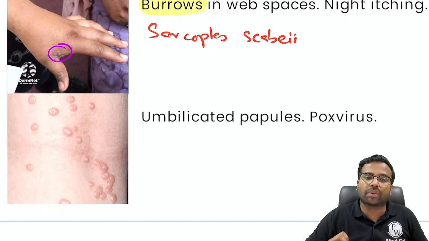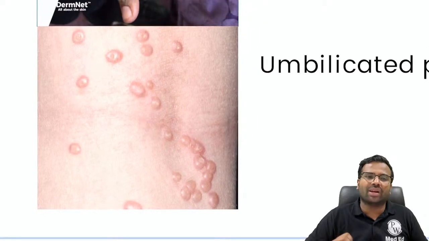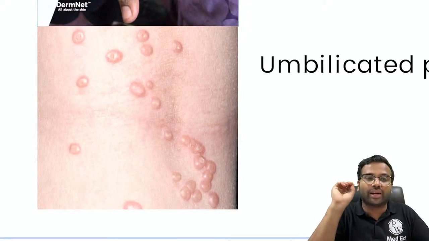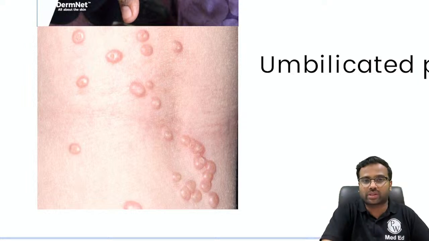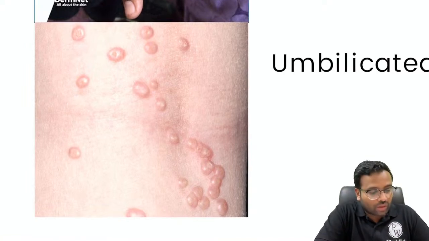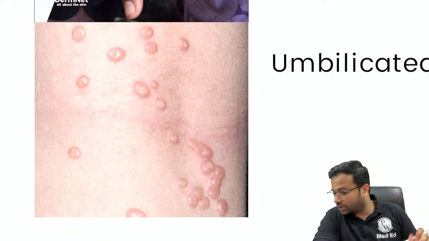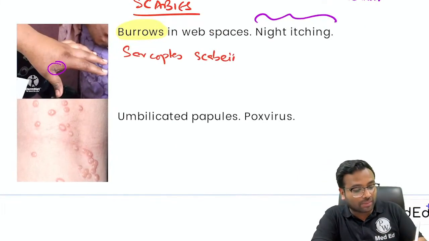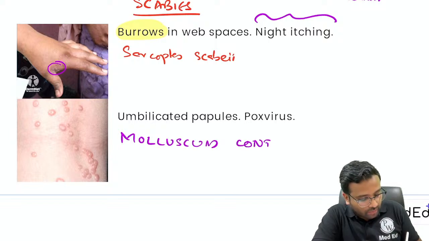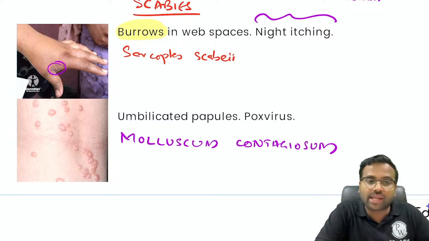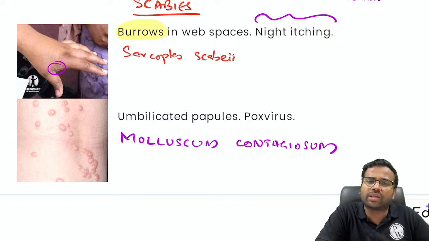Umbilicated papules, and it's a pox virus. In fact, there is not even a requirement to give you a clue here because this is a spot diagnosis. Molluscum contagiosum. Super, excellent. So why am I saying that molluscum contagiosum doesn't require a clue?